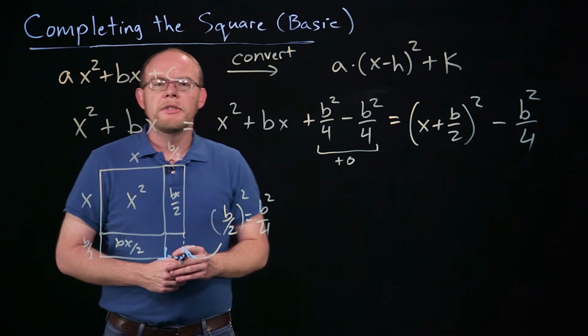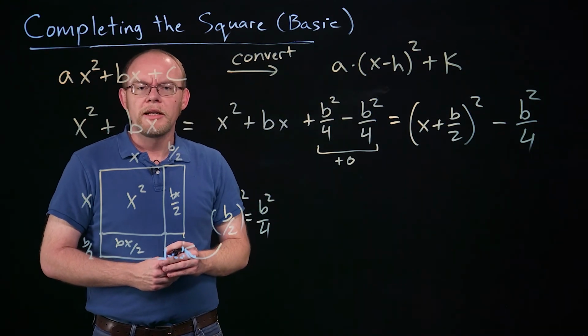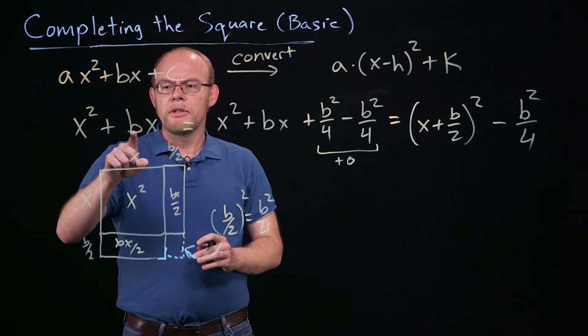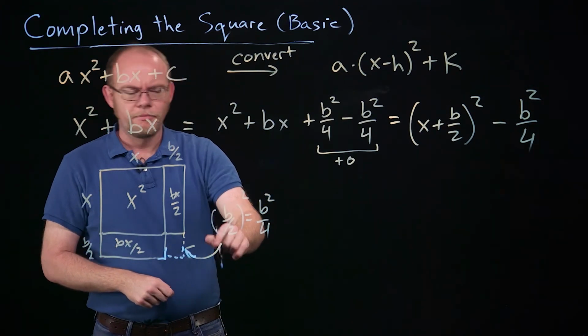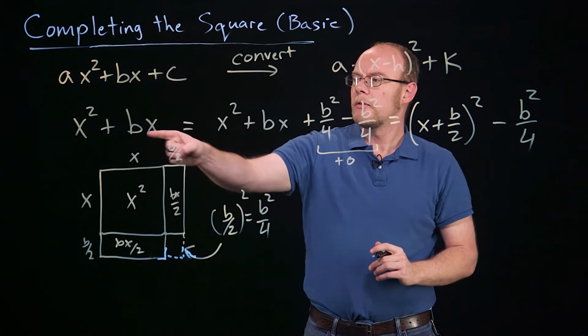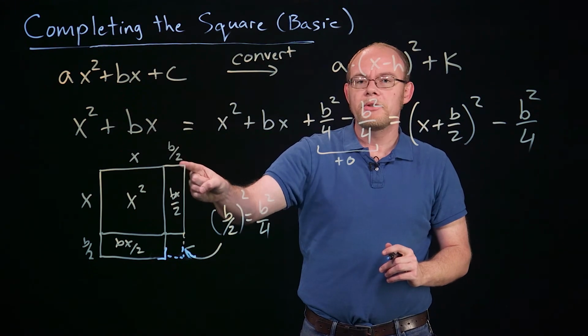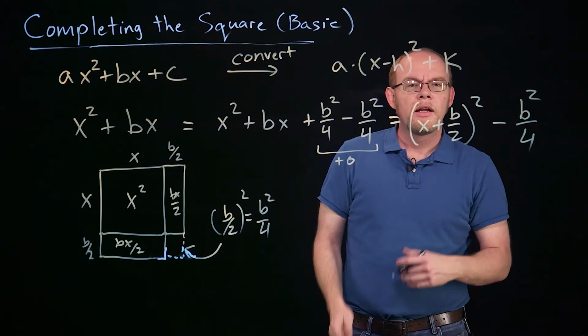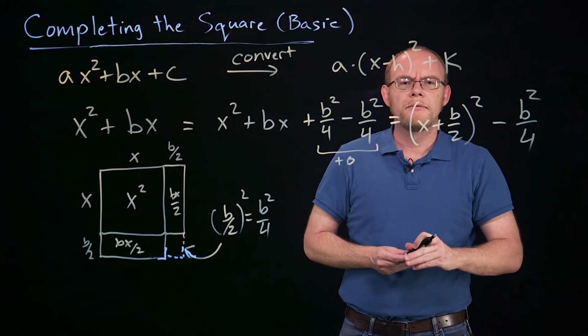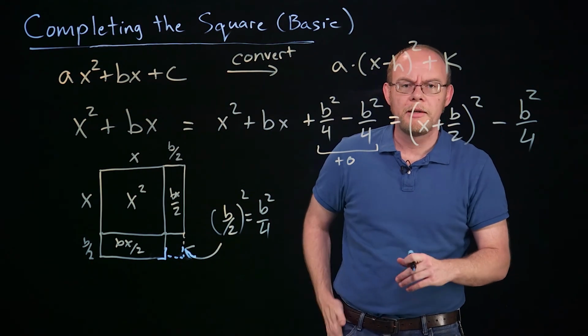If we look at what we did algebraically, we'll notice that basically we took the coefficient of the x, divided it by 2, squared it, and added it and subtracted it. That's the general procedure when we're doing completing the square type procedures.